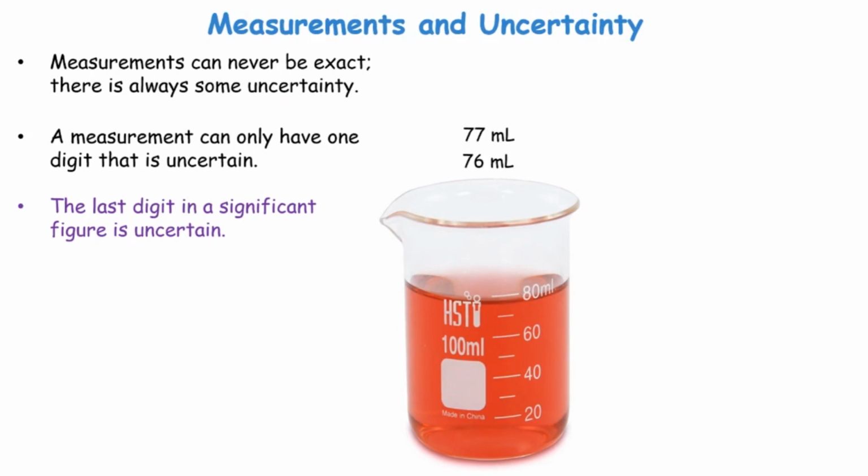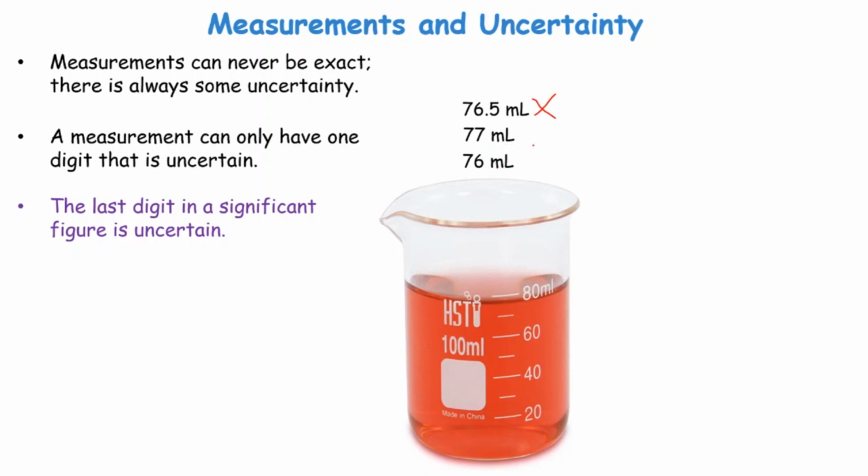But if someone reads 76.5, that is not correct based on those definitions. A measurement can only have one digit that is uncertain. Remember, the first digit, 70, we know for sure. But the second digit, I already estimated. If you estimate the third digit, it doesn't make any sense, because the second digit, 76 or 77, is already uncertain.